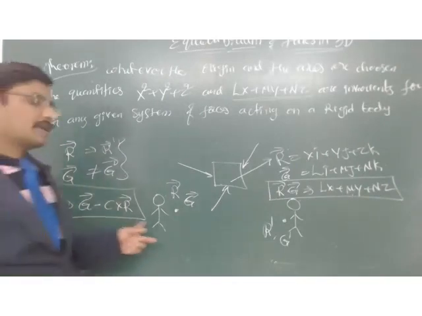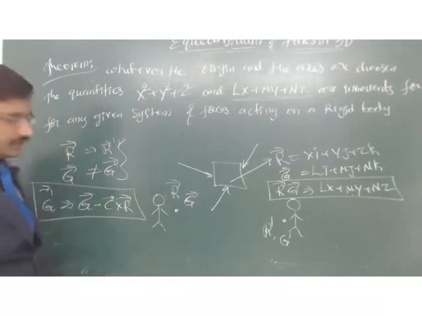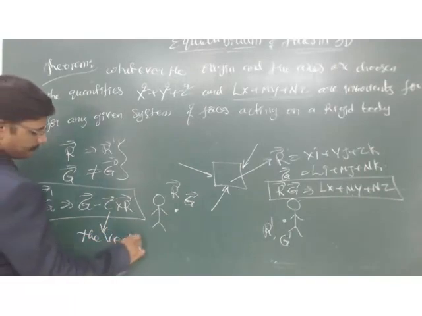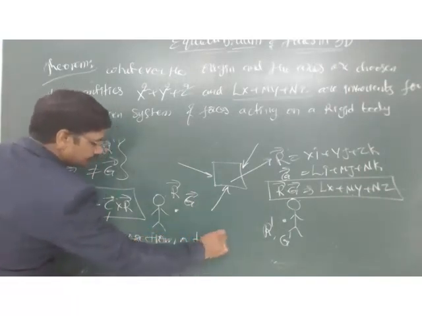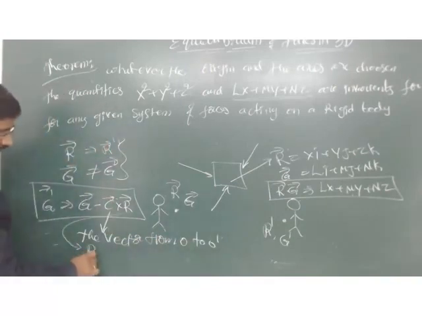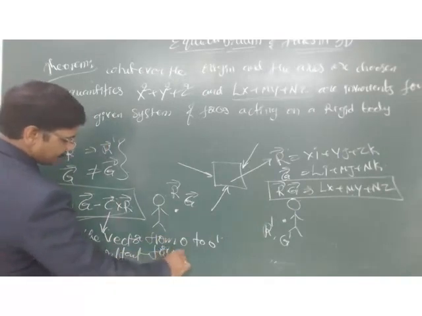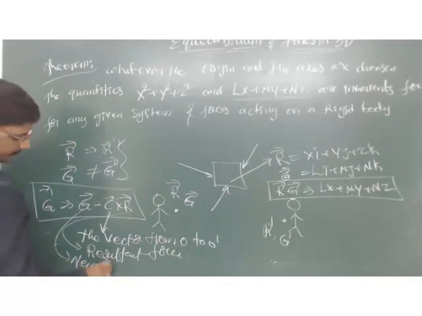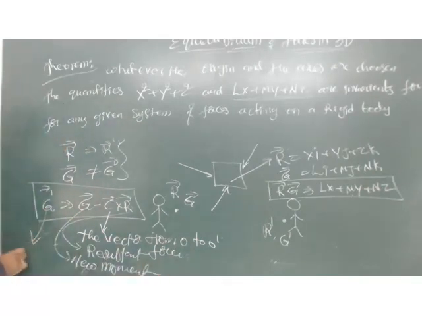The vector C is nothing but the vector joining O to O dash, and this is the resultant force vector. And this is the new moment, and this is the old moment.